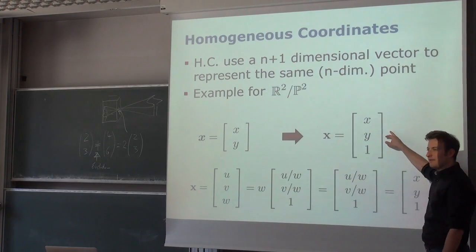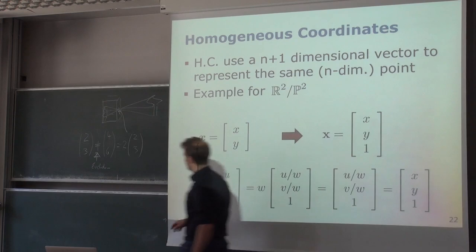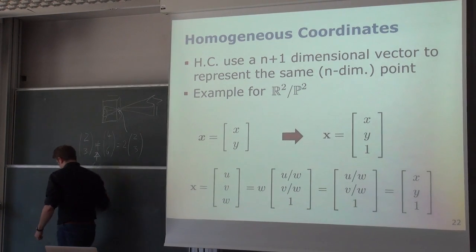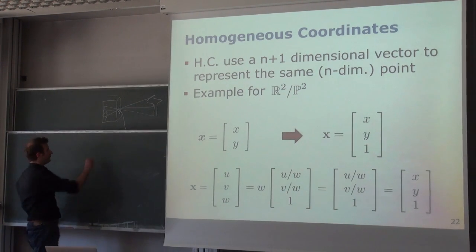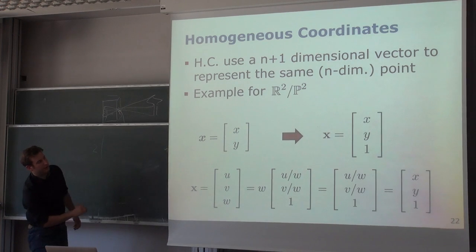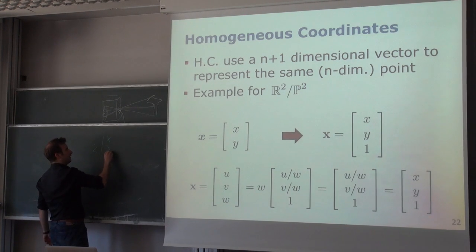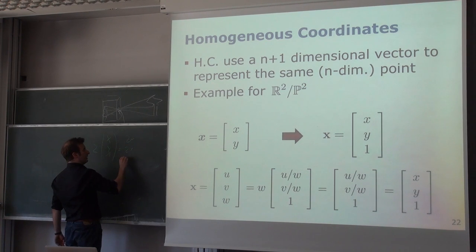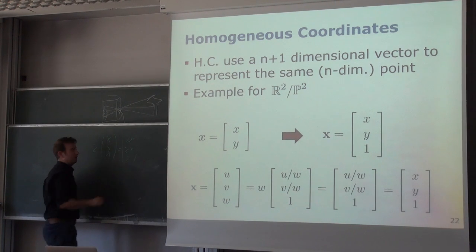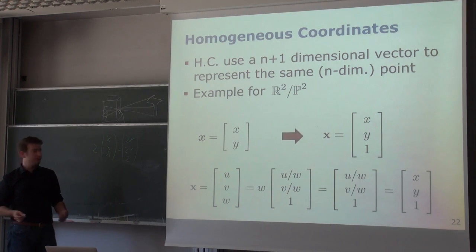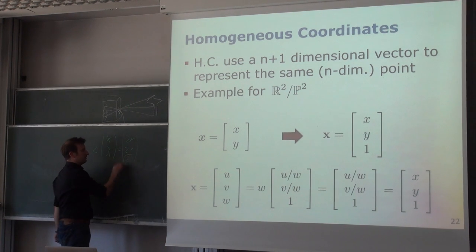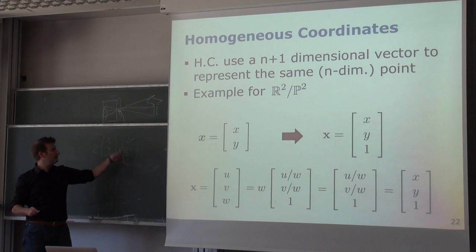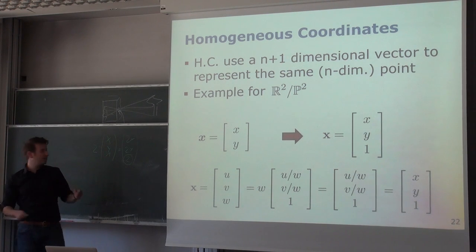If I now would multiply this vector by 2, so if I would have 2 times xy1, that is 2x, 2y, 2. If I now want to map back to the Euclidean world, I take the last component and divide all n components by this component.